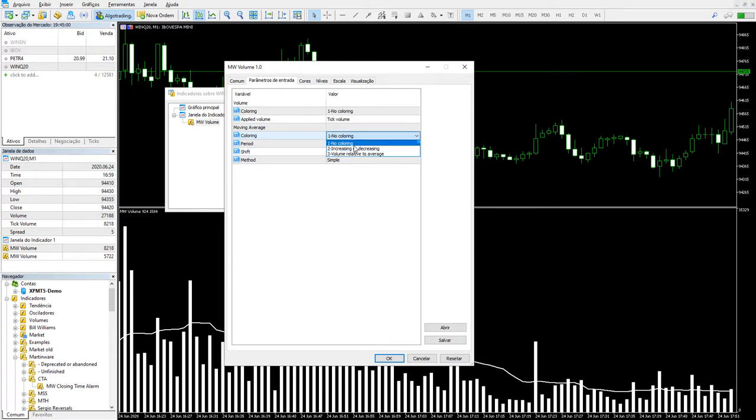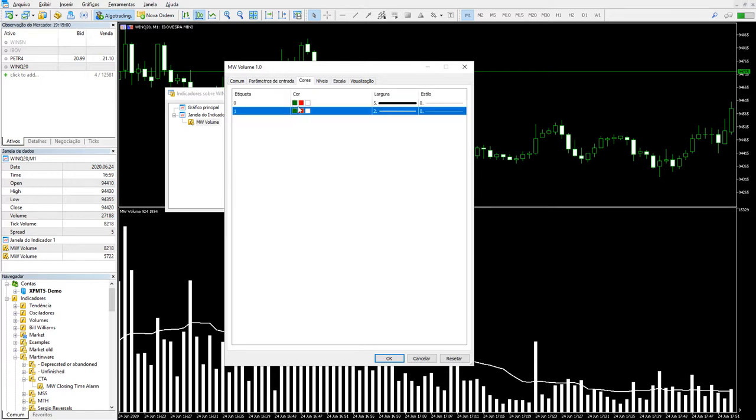The first one is no coloring, so it's just plot the volume, just plot the average, nothing special. And then we have these two extra here, the increasing or decreasing, which will color either the bars or the indicator, the moving average, sorry, with either a positive color for when it's growing up or a second color for when it's going down. The coloring here goes here.